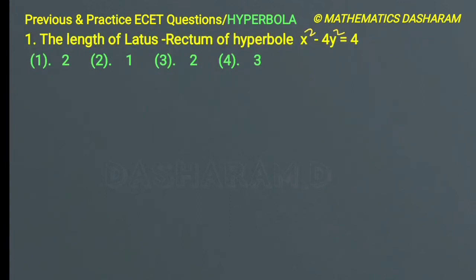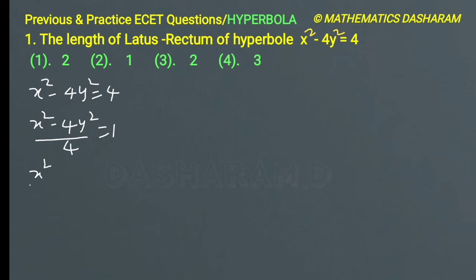Practice ESET questions. First one, the length of the latus rectum of the hyperbola x square minus 4y square equals 4. So convert the given equation into the standard form of a hyperbola. So (x square minus 4y square) divided by 4 equals 1. Now split into two fractions, x square by 4 minus 4y square divided by 4 equals 1.